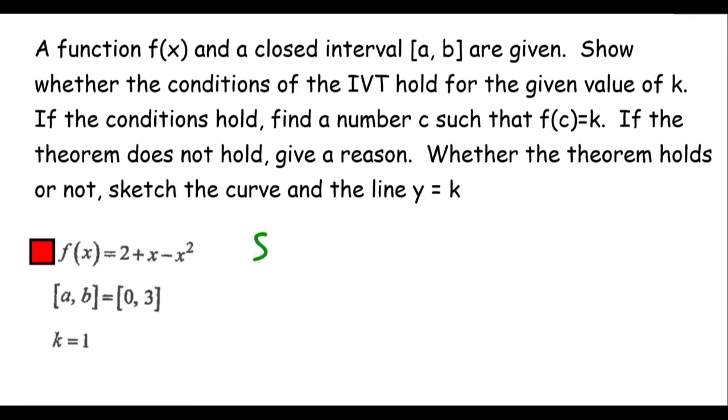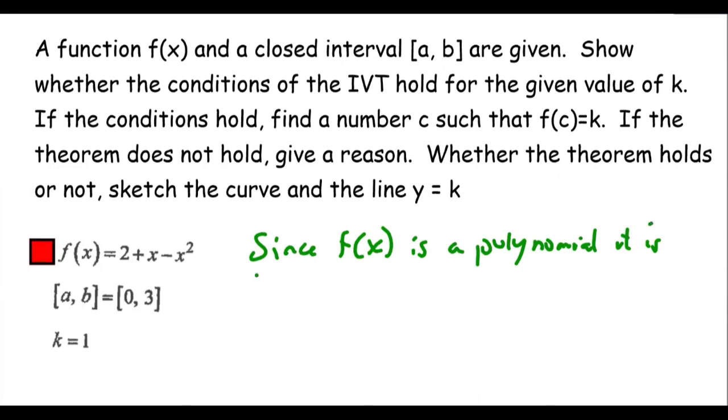So since f of x is a polynomial, it is defined everywhere. Now, I'm a little picky about how you write this because I don't know if you end up taking calculus in college or Cal 2, if that professor is going to be picky or not. So I do it a little formal.